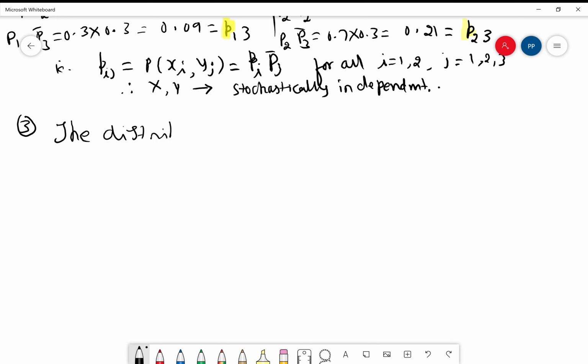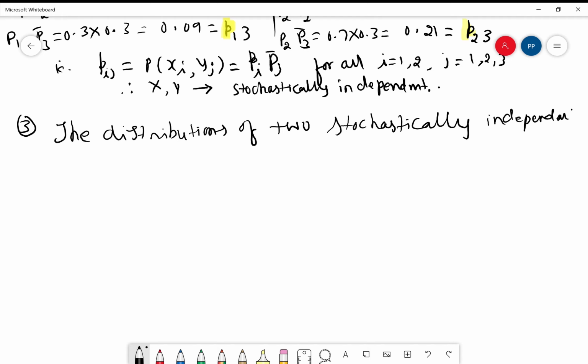The distributions of two stochastically independent variables x and y are given in the following table.